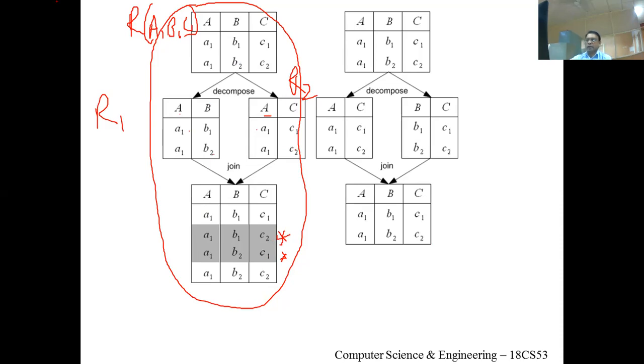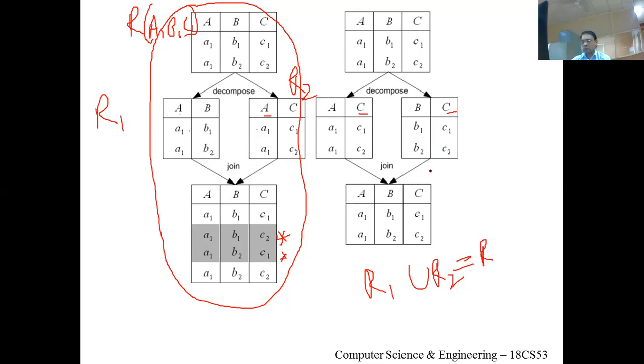If you consider the right-hand side one, this decomposition is based on the common attribute C, and if we join together, we are going to get the original result. So we have to perform the decomposition in such a way that the attributes of R1 union the attributes of R2 should be equal to R. That means AC union BC is equal to ABC.